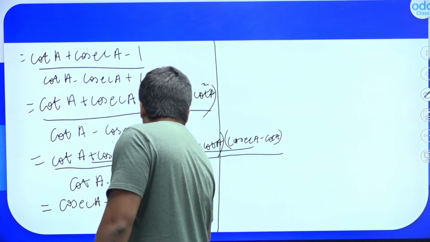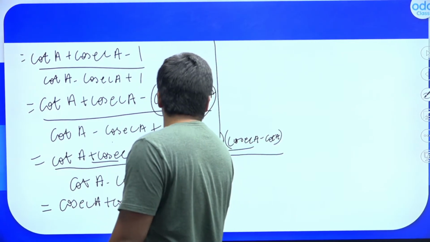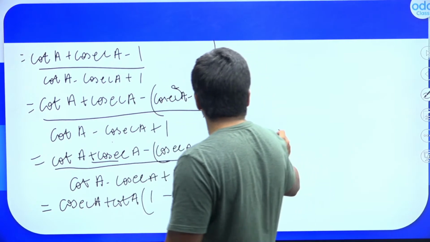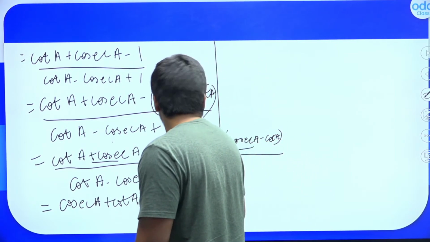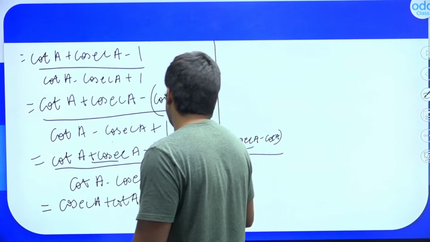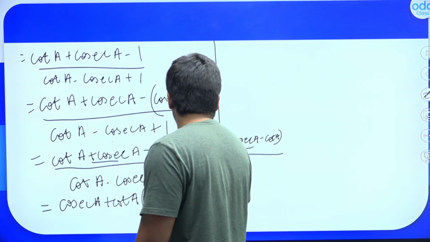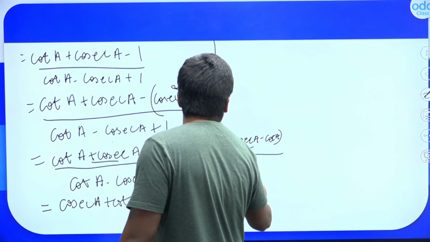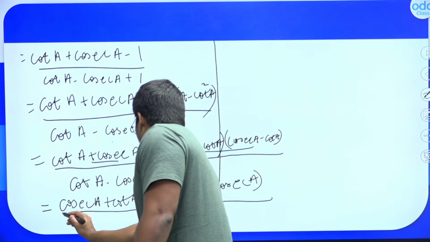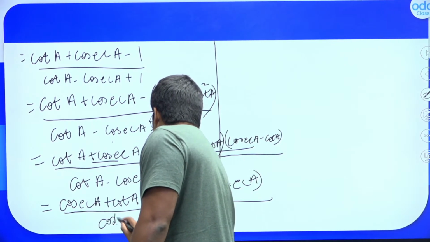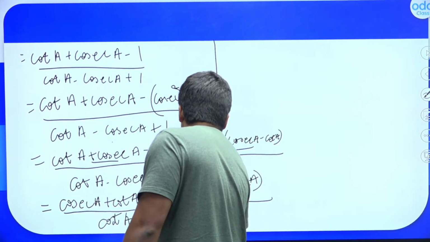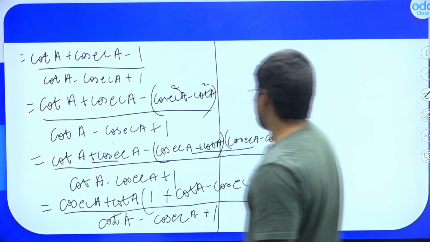Here a 1 will be left, and here minus of cosec A minus cot A. Minus of, when you take it inside, it will become plus cot A minus cosec A. This is what you will get when you take that common, whole divided by cot A minus cosec A plus 1.